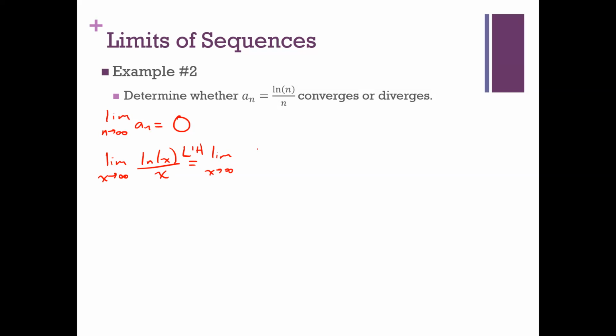What's the derivative of natural log of x? 1 over x. What's the derivative of x? 1. Is that a limit that we can say something about? What's going to happen to this limit as x gets very, very large? It's going to approach 0.